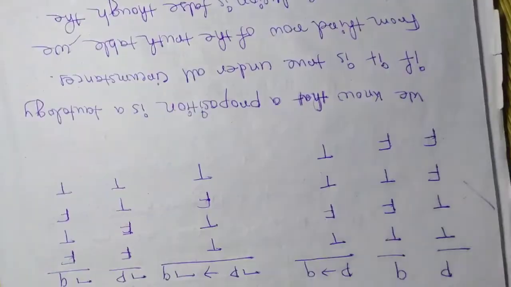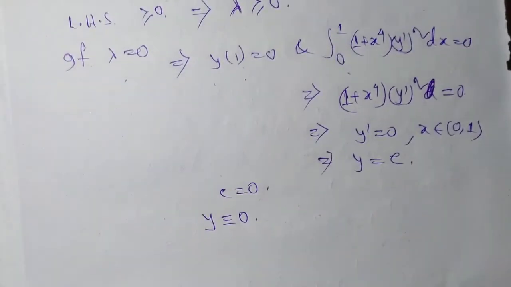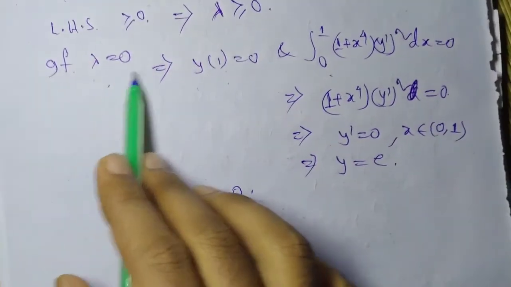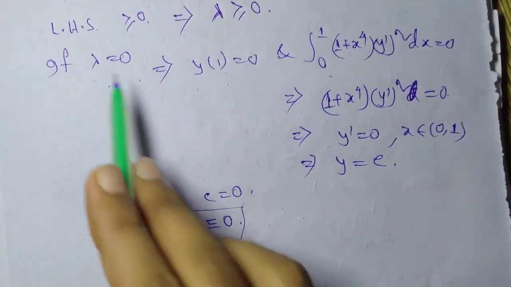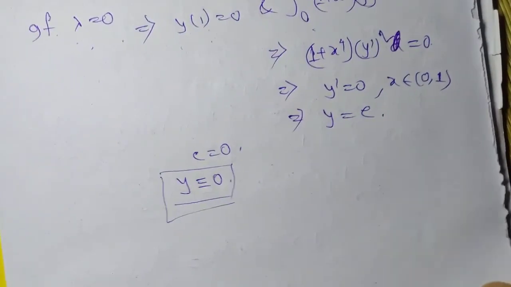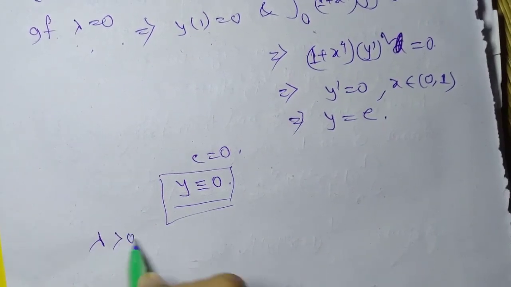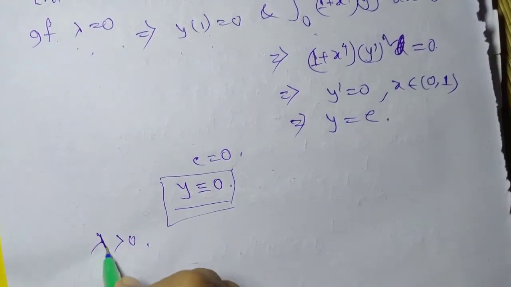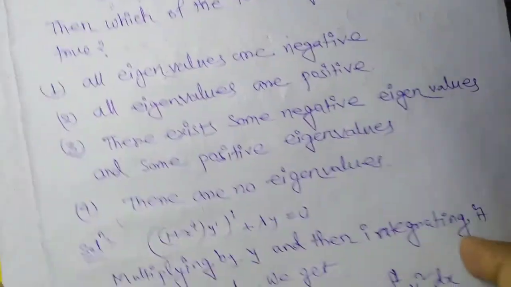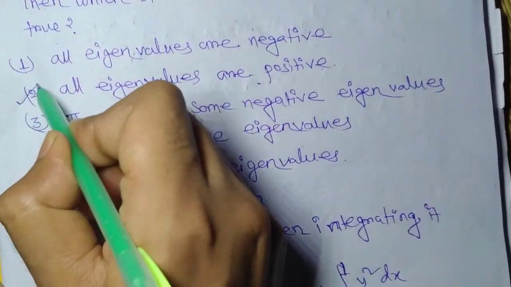But here for λ = 0, the differential equation has only the trivial solution, so 0 cannot be an eigenvalue for this differential equation. Hence, all eigenvalues must be strictly greater than 0. So the right option is that all eigenvalues are positive. Hence option 2 is the right answer.